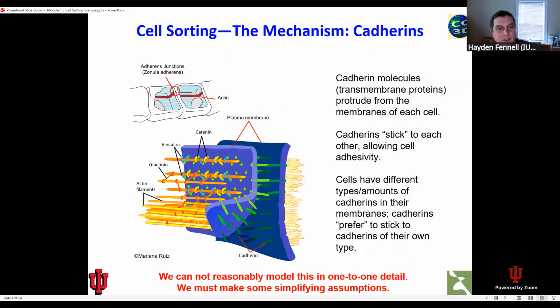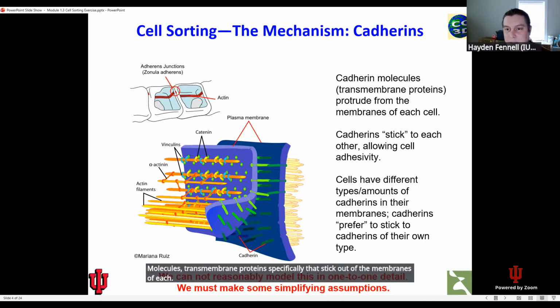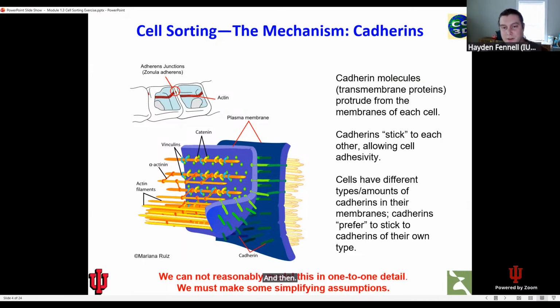This is thought to be due to molecule types on the outsides of cells called cadherins. These are molecules, transmembrane proteins specifically, that stick out of the membranes of each cell and then stick to each other. So it allows cells that come into contact to stick using these cadherin bonds.